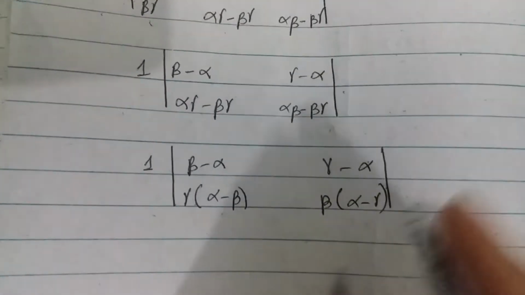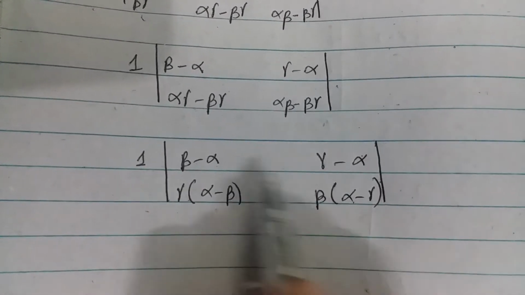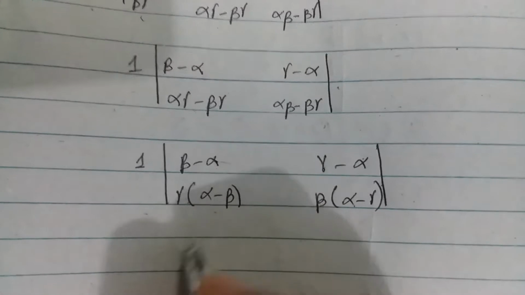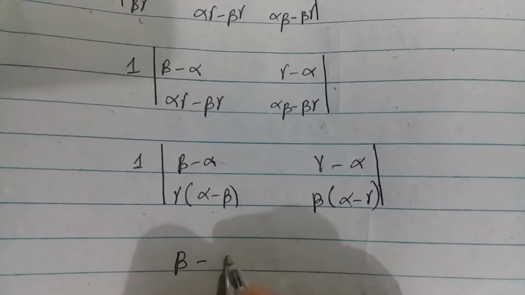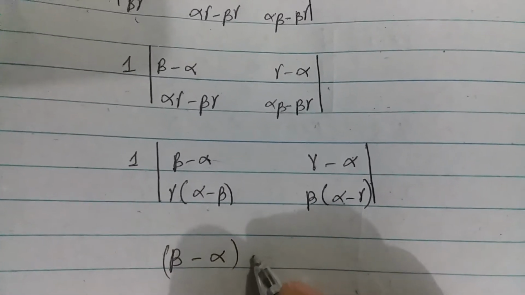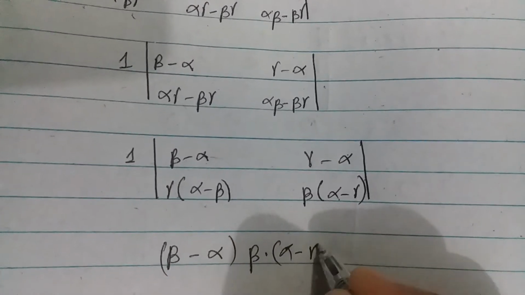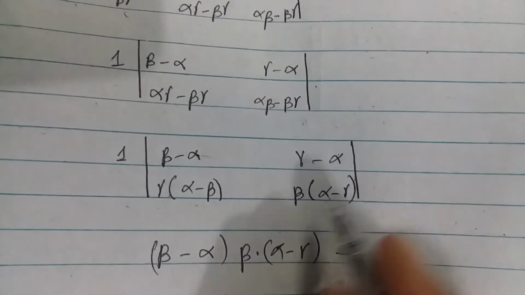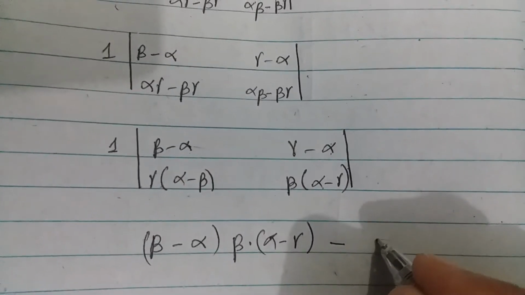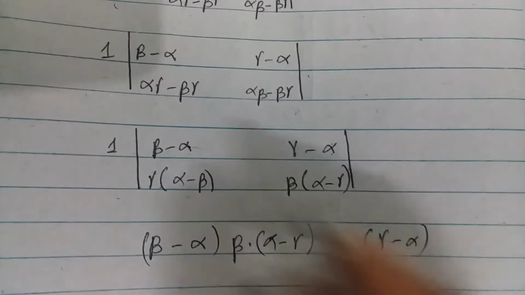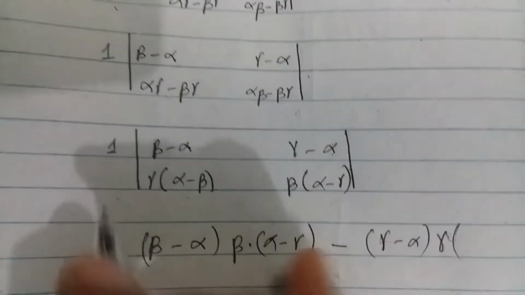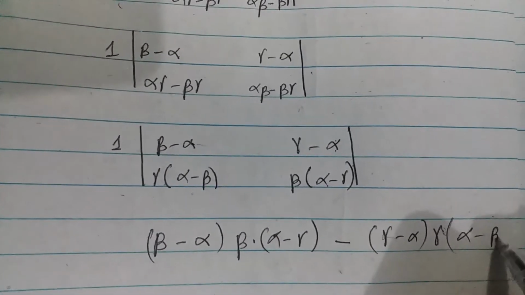In the next step, we know that we have to multiply the main diagonal. The main diagonal is beta minus alpha, multiplied with beta into beta, alpha minus gamma. With the minus sign, now multiply these. This is gamma minus alpha, gamma, and then alpha minus beta.